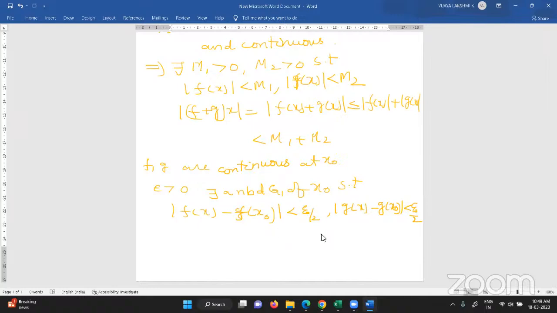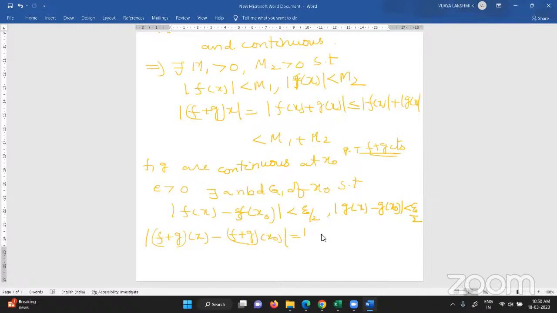Now, what is our aim? We have to prove that f plus g is continuous. To prove f plus g is continuous, what we will do? Mod f plus g at x minus f plus g at x naught.